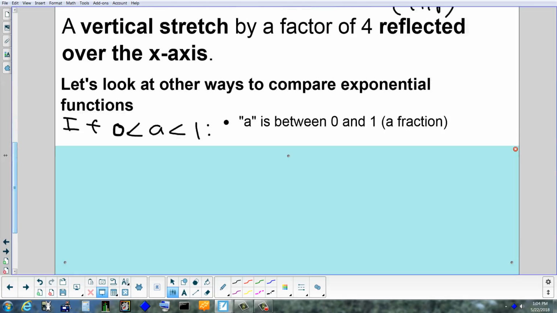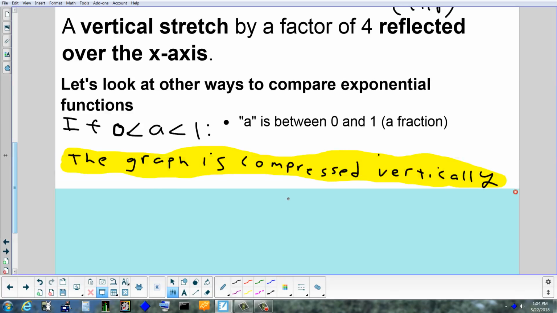What do you think is going to happen if A is between 0 and 1? Maybe it'll shrink. Yep, or compress. Exactly. That's what's going to happen if A is between 0 and 1. The graph ends up being compressed.